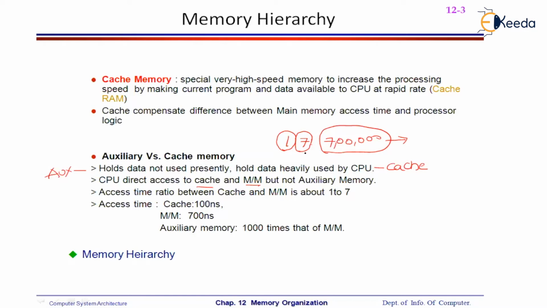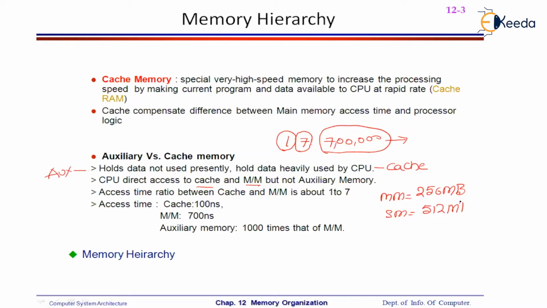In the initial days, the main memory size was just around 256 MB, and the secondary memory size was at most, let us say, not even 1 GB. Sometimes it may be 512 MB.